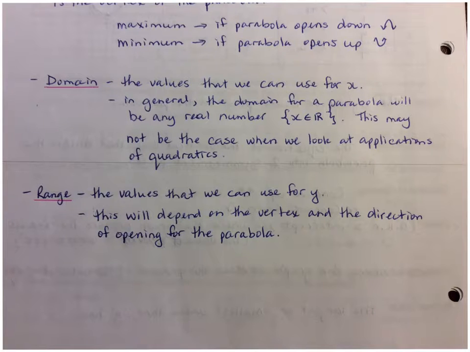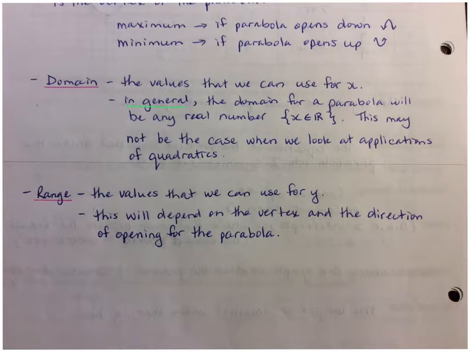So in the end, if we don't have a context for our parabola or for our question, then in general, the domain will always be any real number.